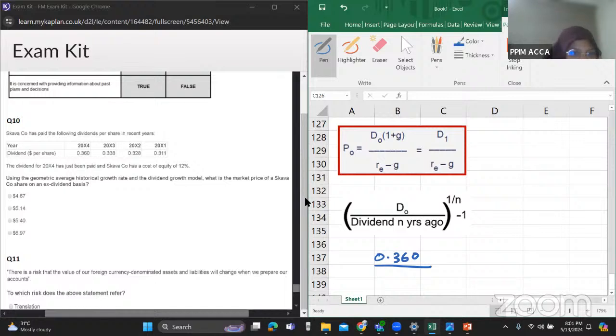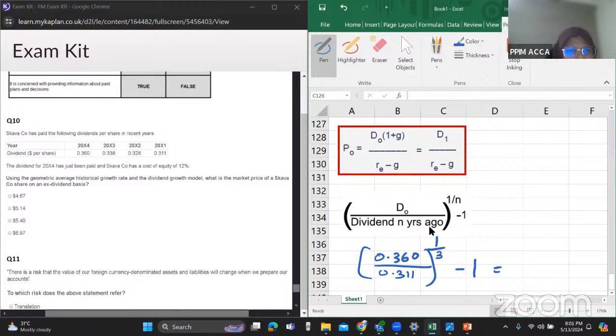So that will be 0.311, to the power 1 over n. The number of years we have is 3, minus 1. That's how you get the growth rate.